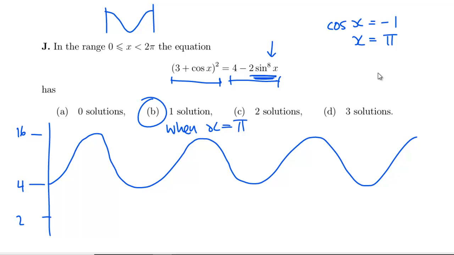Whenever you get these awkward looking functions that have got trig inside them, start looking at these ranges. They do this, they had it on the last paper as well. I can't remember exactly what the question was, but something like a 3 plus cos squared sitting inside another function.